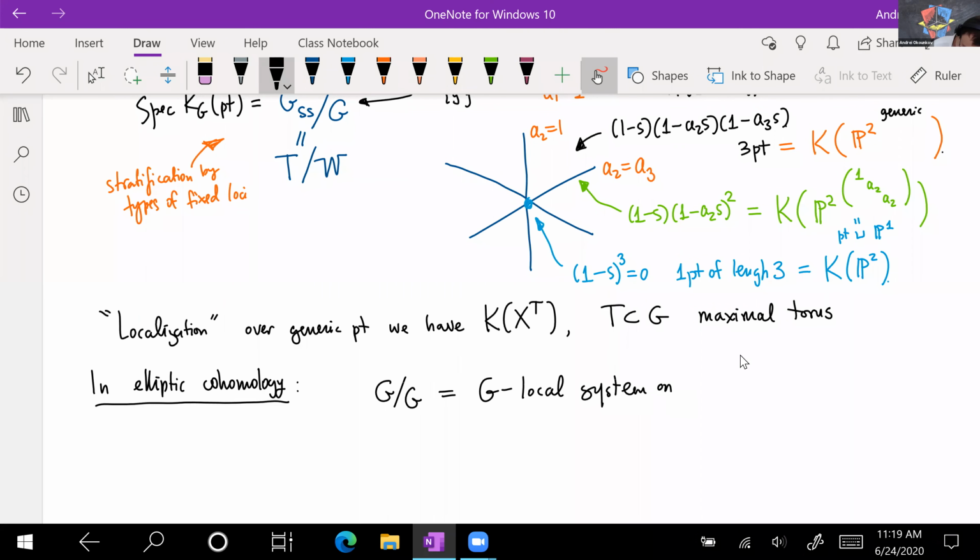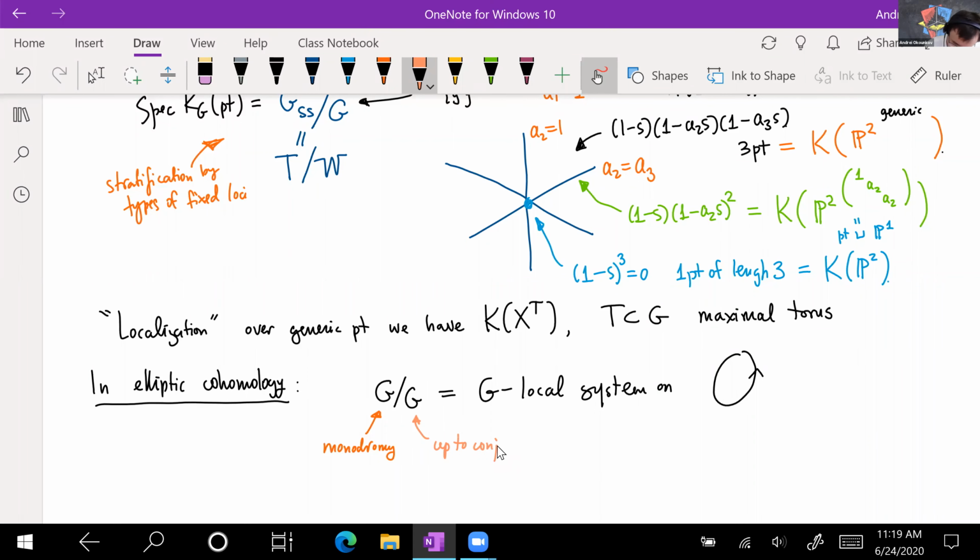A G local system on a circle is only determined by the monodromy as I go around the circle, but that monodromy is defined up to conjugation, because I have to trivialize it at one point.